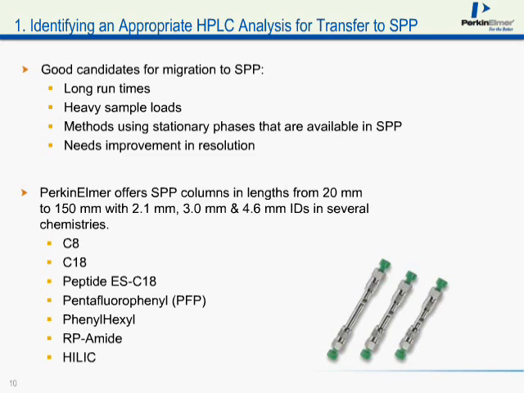That's an extra stable bonding with a higher pore size in the silica to accommodate peptides and proteins. We have a pentafluorophenyl and phenylhexyl, which usually give you alternate selectivity for aromatic compounds. We have the RP-amide, which will give you some alternate selectivity for more polar or midpolar and nonpolar compounds. And then we have the helix, which is your normal phase type column.